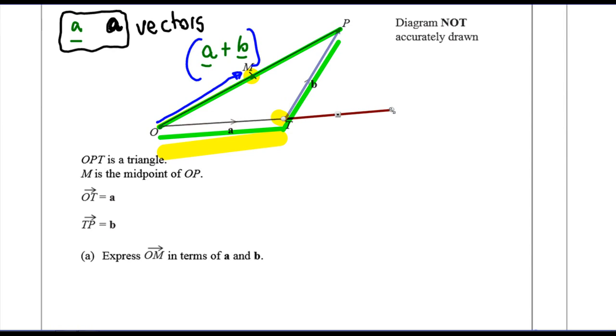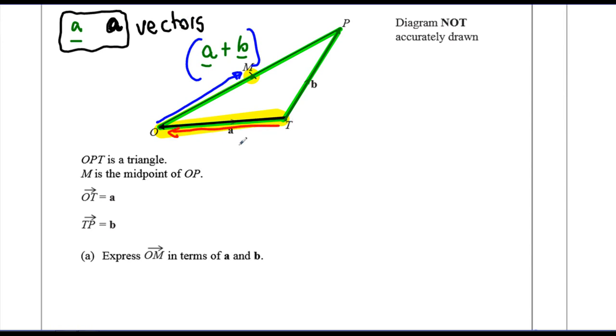If we turn that around, go that way, that is minus A, remember? We talked about this. If you want to go backwards across a vector, then you better have it as a negative. So there, minus A. So let's put them together. We can go minus A to here, and then half A plus B to there.